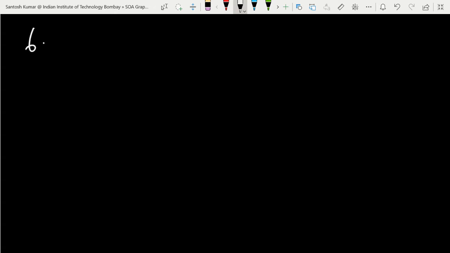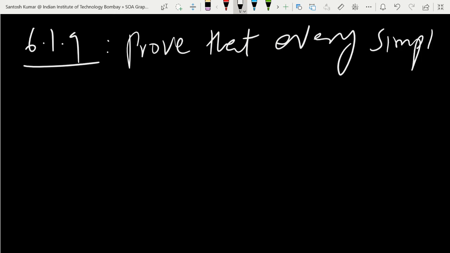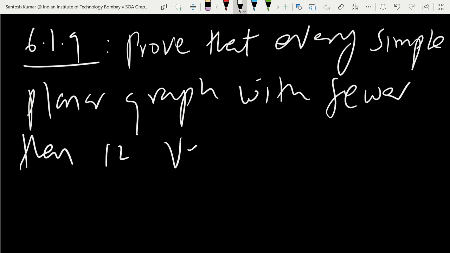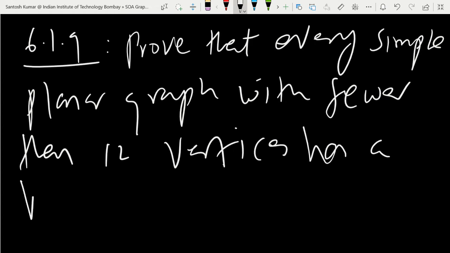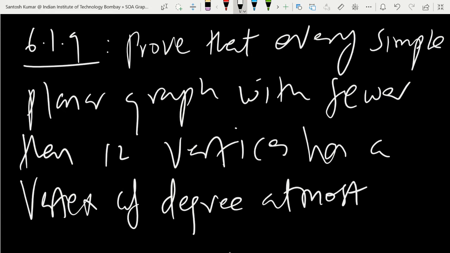So the next question is 6.1.9, and this question is: prove that every simple planar graph with fewer than 12 vertices has a vertex of degree at most 4.